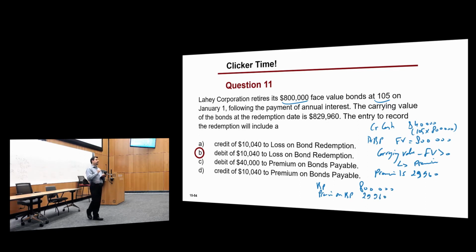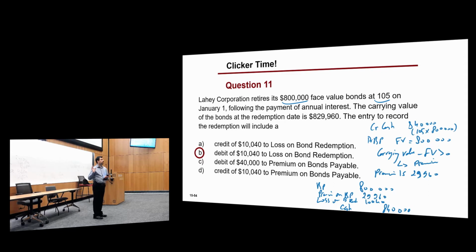So that's the carrying value. We know that cash will be credited 840,000. The difference between the two is that the company paid more than the carrying value. So this will be loss on bond redemption. It will be the difference of those two amounts, 10,040. Any questions?